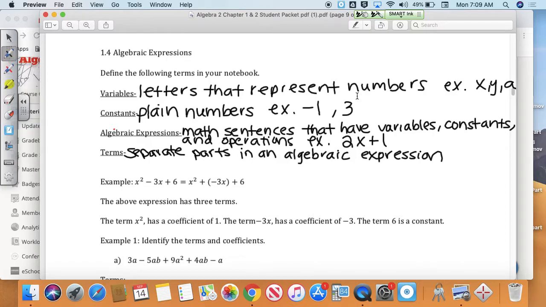So that one has 2 terms. The terms are basically the separate parts that are separated by the plus signs or minus signs that connect all the different parts together in the algebraic expression.